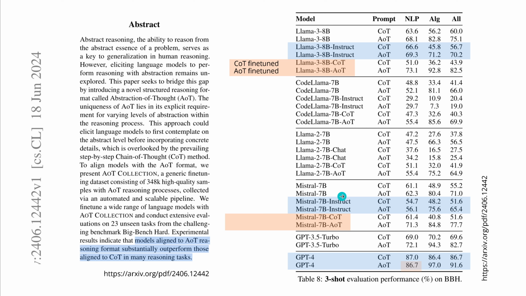Now let's have a look at Mistral. Here we stay with NLP: 61, 54, 61. So I would now argue from this data, if it only concerns the chain of thought performance, that the performance of the instruction fine-tuned model is worse than the pure Mistral 7B only pre-trained model.